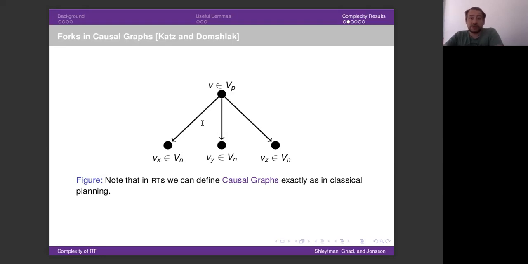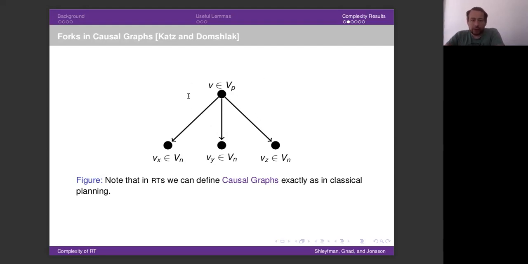Note that since we work with restricted tasks and all our conditions on numeric variables involve only one numeric variable, the causal graph is defined exactly as in classical planning. This is not true for general linear tasks or even simple linear tasks, only for restricted tasks. But simple tasks can be brought to the form of restricted tasks, so this is a good part.